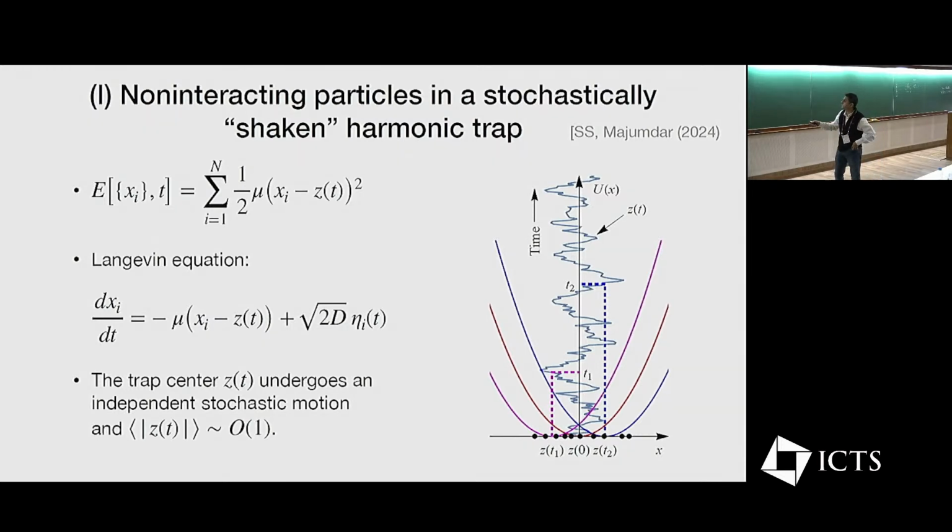This is your energy function, and for each particle this is the dynamics, where z of t is the position of the trap, and z of t undergoes another independent stochastic dynamics. For the time being this stochastic dynamics can be anything, but if you want a steady state, z of t should always remain of order 1. Basically, it doesn't grow with time.